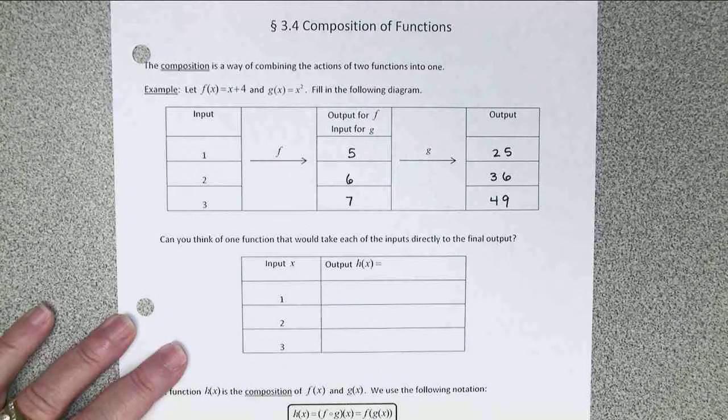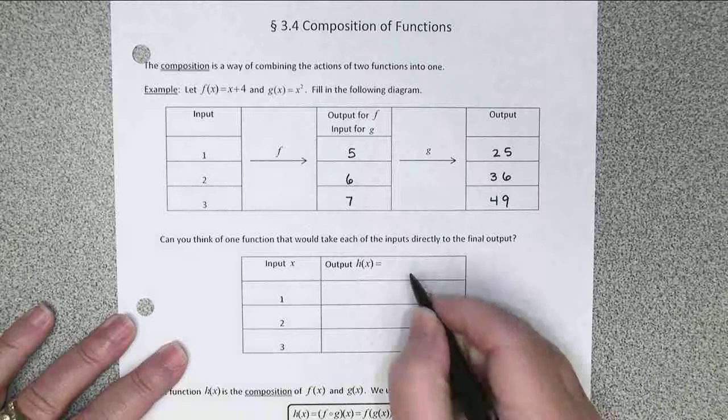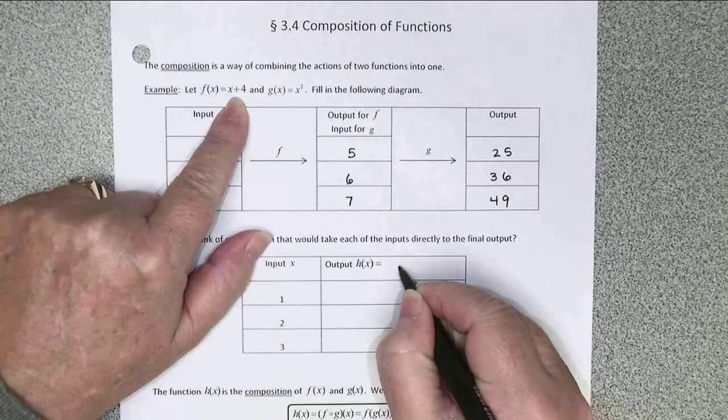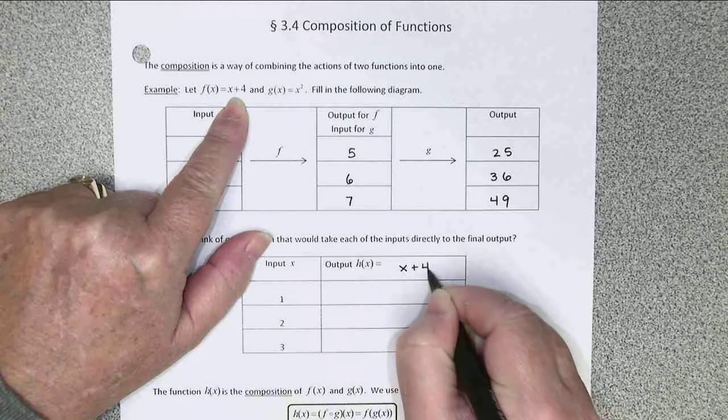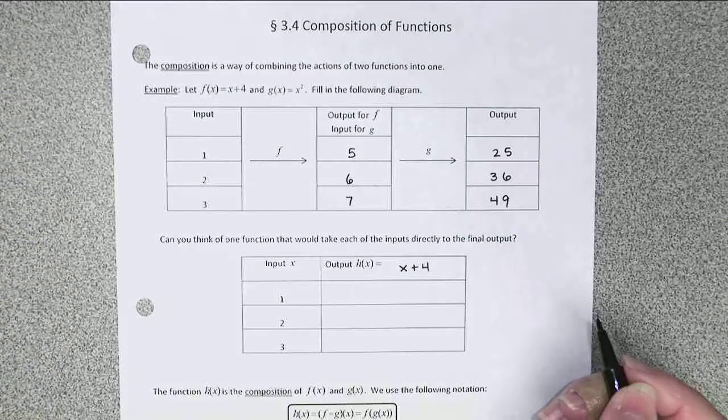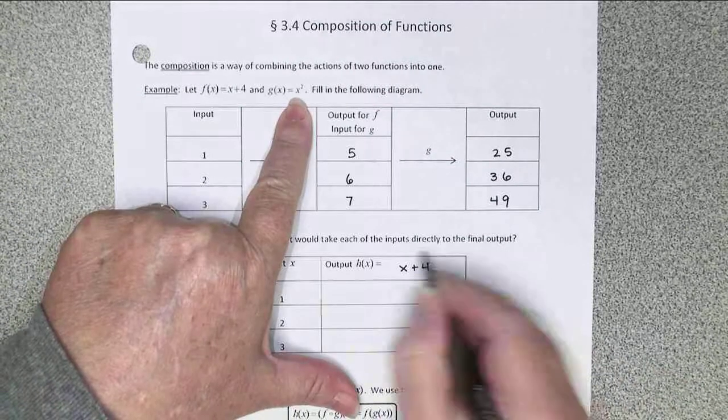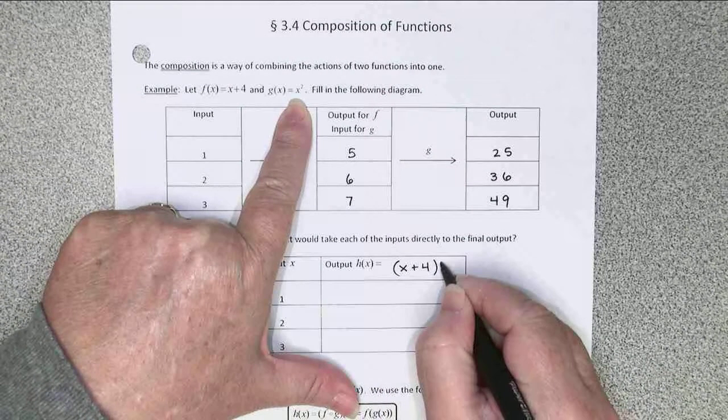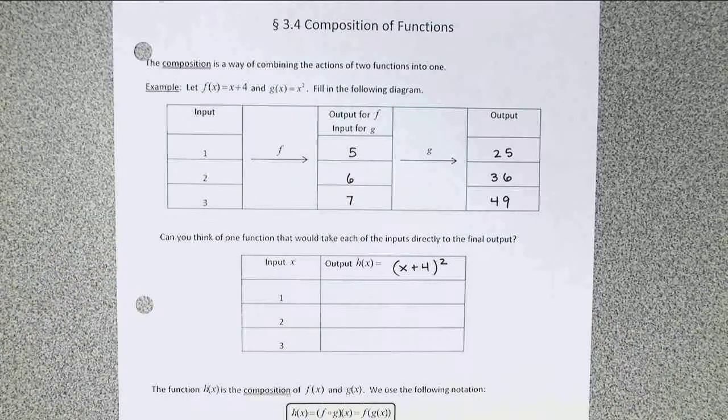The composition of f and g is simply the one function that represents both of these actions at the same time. So if I first do f, that is, take the x and add 4, and then I do the g and square that entire result, I can call that a new function h of x, which we'll describe in just a minute as the composition of f and g.